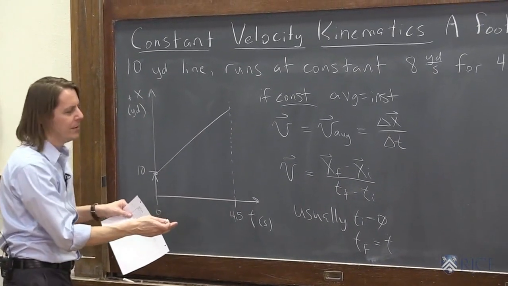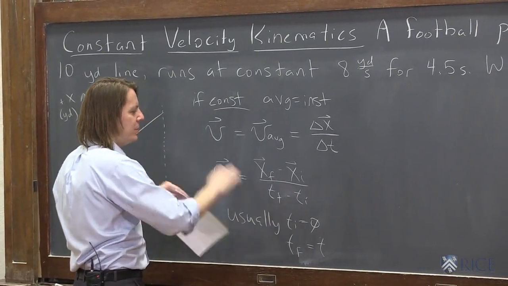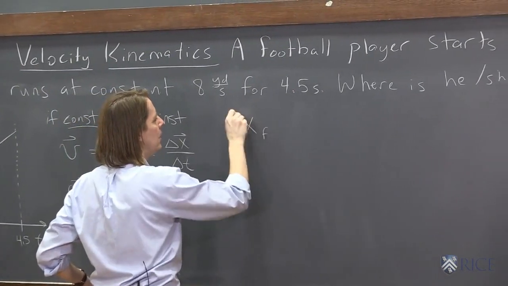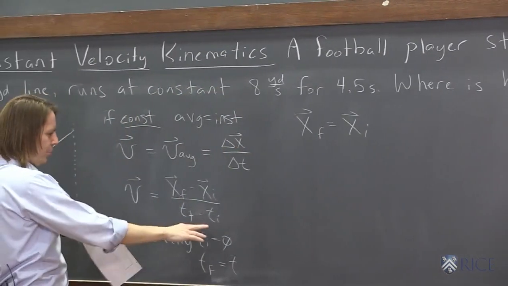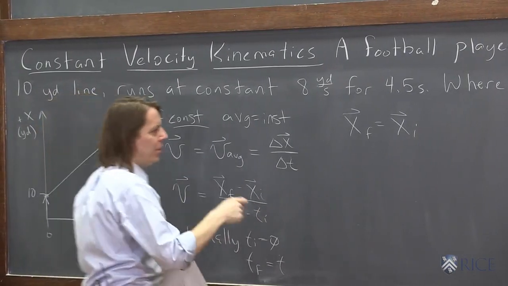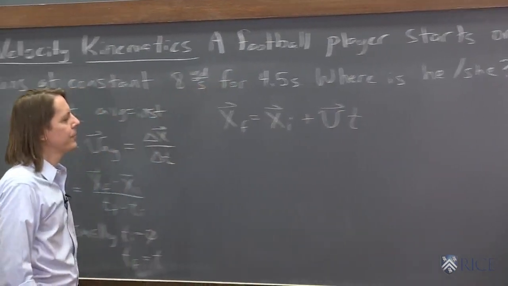So if we get rid of that and just call that t and then start switching things around, we can solve for xf, the final position in this problem. It's the initial position, right? We're bringing this over here and bringing that over. It's the initial position plus that constant velocity times time.